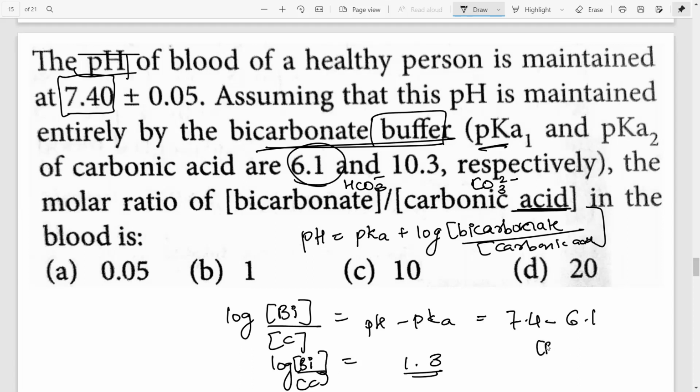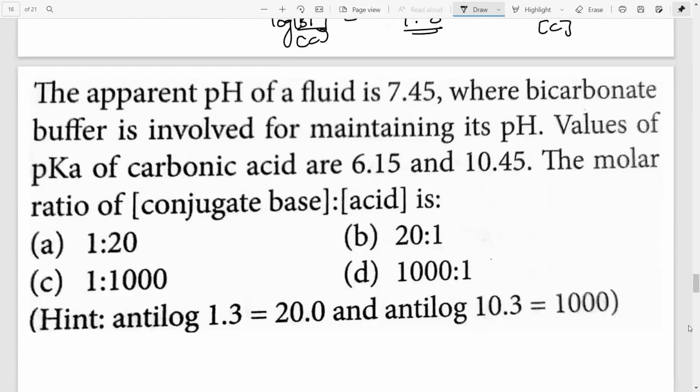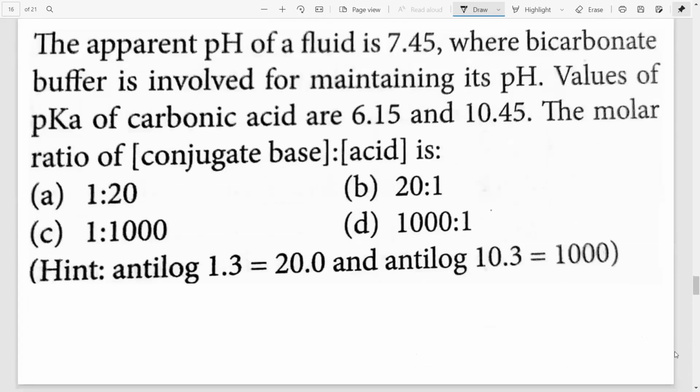So to find the ratio of bicarbonate to carbonic acid, you have to find the anti-log of 1.3, and the anti-log of 1.3 comes out to be 20. So what is the ratio? It is nothing but 20:1. That is option D. Very easy question, right? Okay, let's do a similar one then.